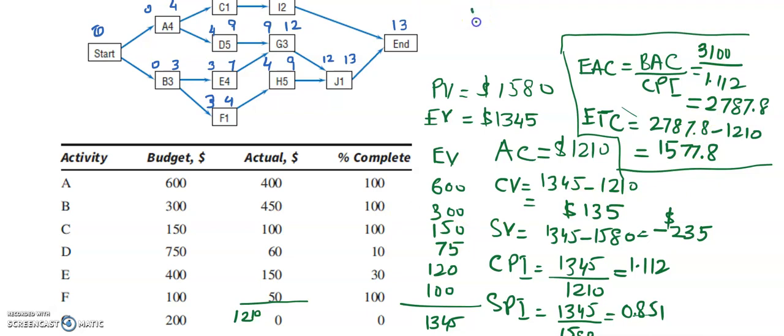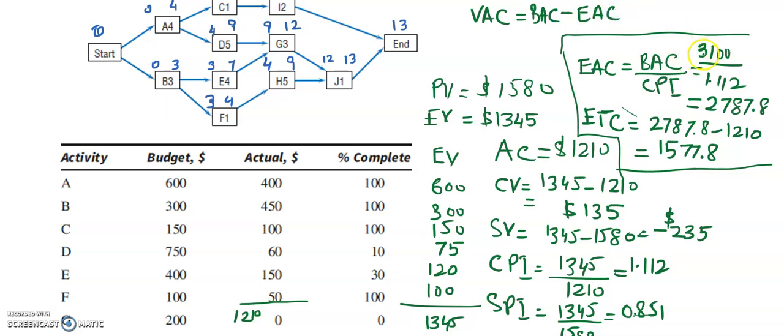Maybe you can also calculate the variance at completion, that means how much the cost differs at completion. Variance at completion will be equal to budget at completion minus estimated completion.